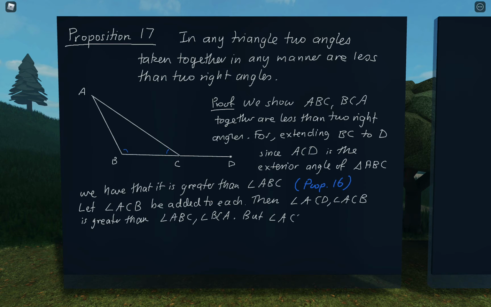But ACD, ACB is equal to two right angles. That's by proposition 13. Which is what we wanted to show.